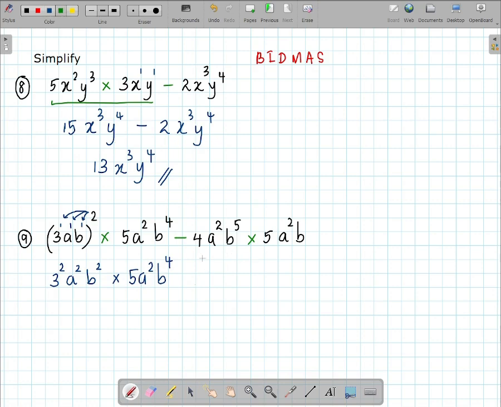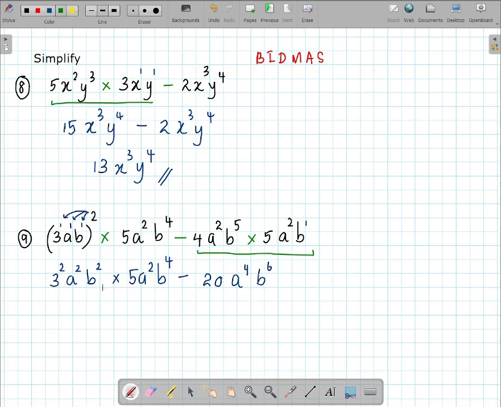And this I multiply and write, that is minus 4 times 5, 20, a to the power 2 times a to the power 2, that is a to the power 4. b to the power 5 times b to the power 1, that is b to the power 6.